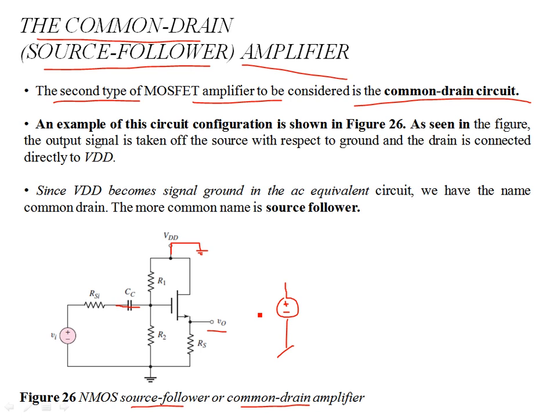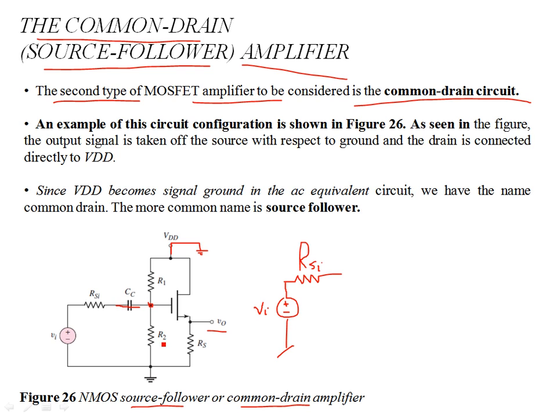Let's start with the VI, which is the input applied at the gate. Then we have the source resistance, RSI. Next are the biasing resistors at the gate of the NMOS.